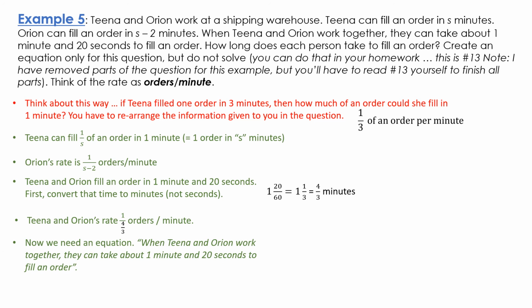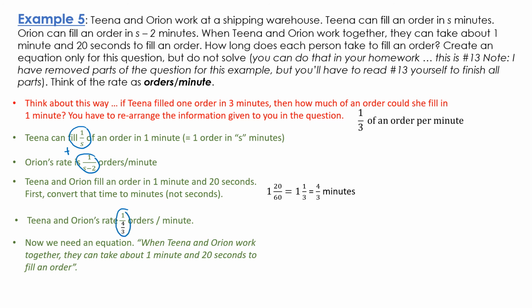When they work together. So I'm going to put a circle up here. This is Tina's rate. This is Orion's rate. And when they work together, this is the constant here. This is what they're getting done.